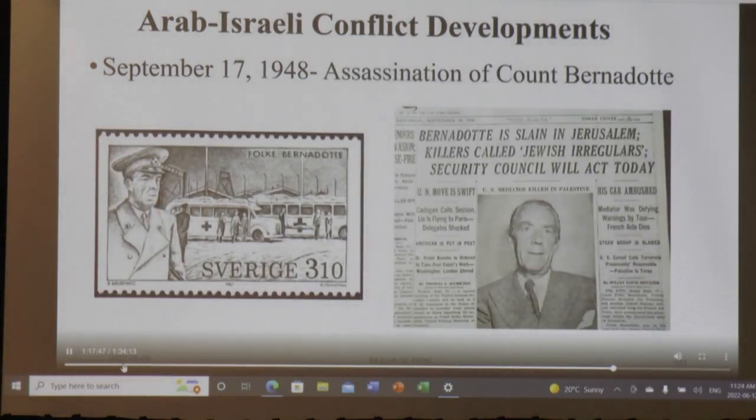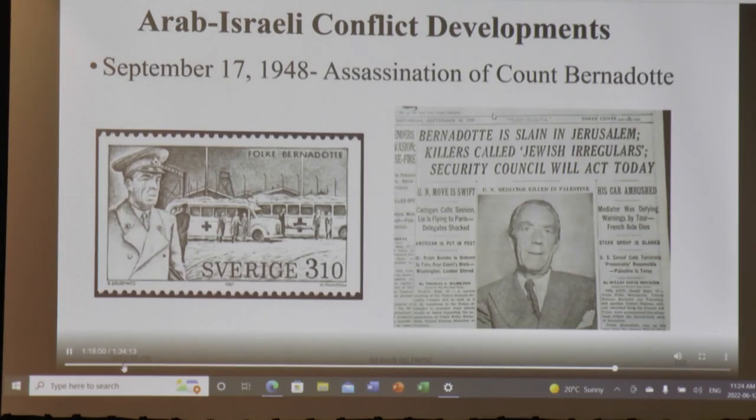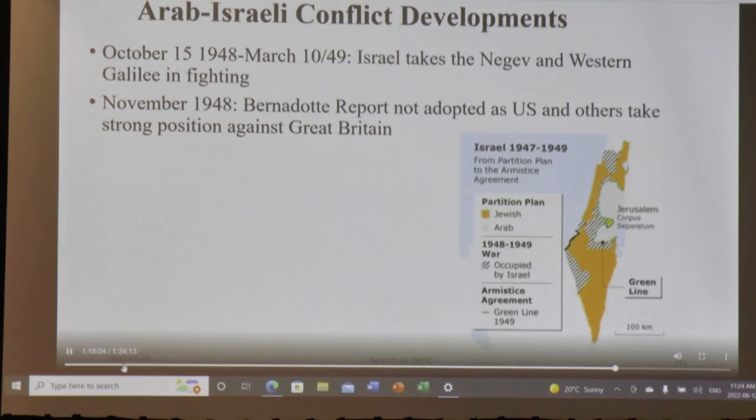And what happens? Radical groups in Israel, whom the paper calls Jewish irregulars, murder Bernadotte. They assassinate him. And so he's killed in Palestine at the time. His car is ambushed. He's killed. The Stern Group is the group of Jews who were the renegade group who killed him.